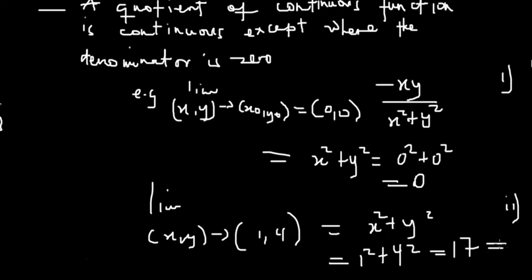You can notice that this is not equal to 0, so it means that the quotient will be continuous. But once we are given 0, 0 and you substitute and end up with the denominator being equal to 0, it means that the quotient is discontinuous.